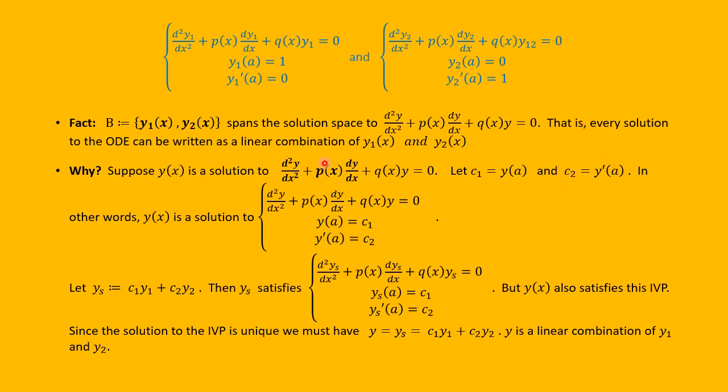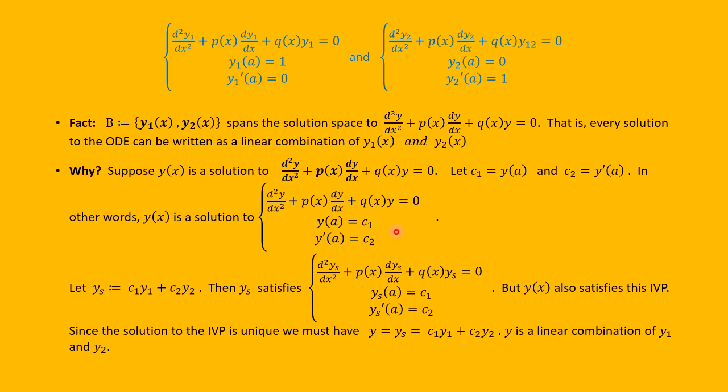So in other words, this y of x is a solution to this initial value problem. This function satisfies this homogeneous differential equation, and y of a is c1, y prime of a is c2. Okay?